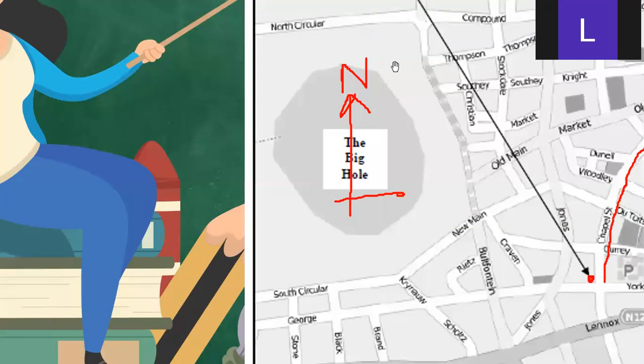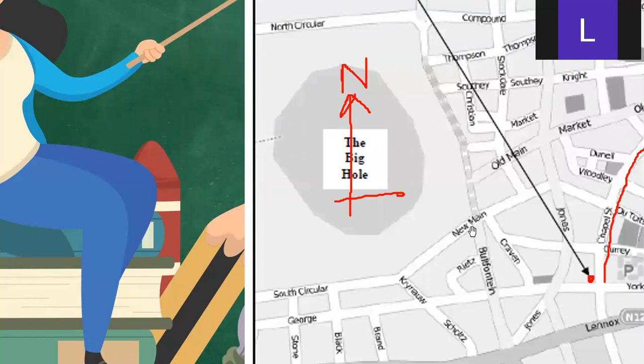Here, there are actually a number of roads. There's South Circular. Okay, Elena just gave me the correct answer. Well done, South Circular. There's this road as well. I think it's New Main.